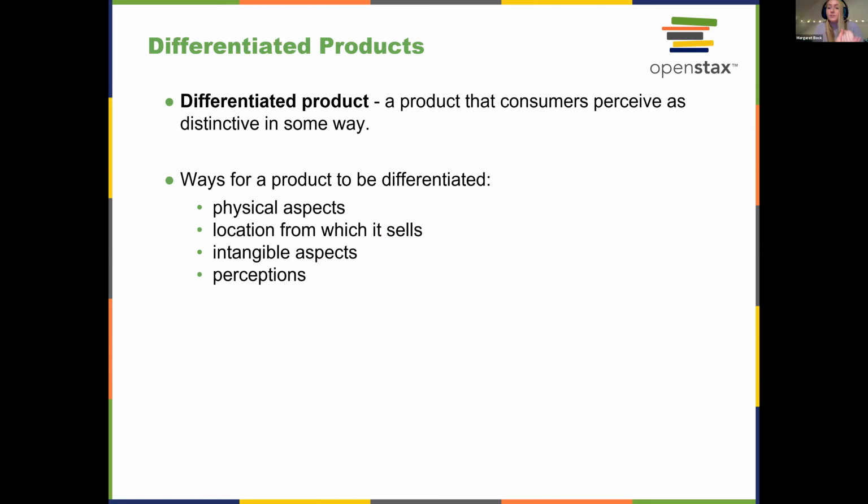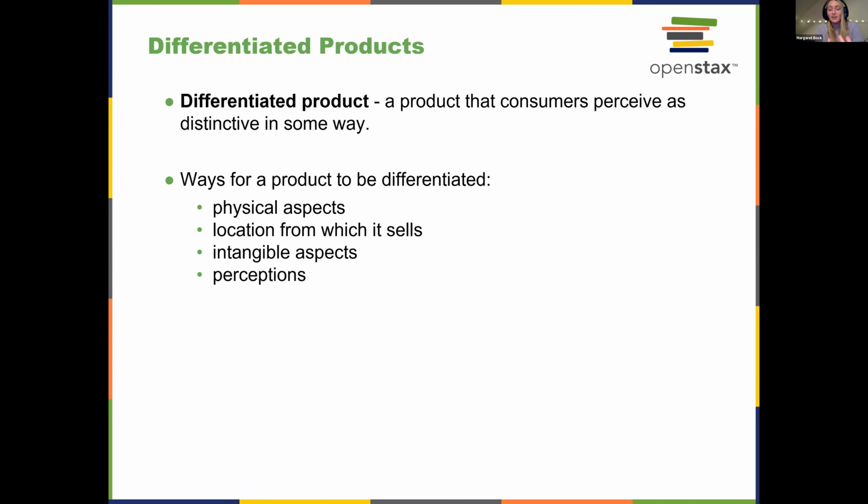Maybe one firm offers free delivery or free shipping, and other firms selling similar goods don't. And maybe there's just this perception of one firm selling a good that's of a higher quality versus other firms that are selling something very similar.